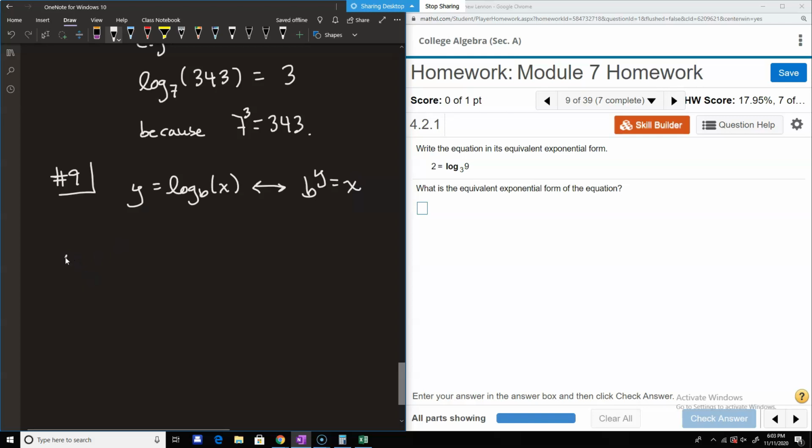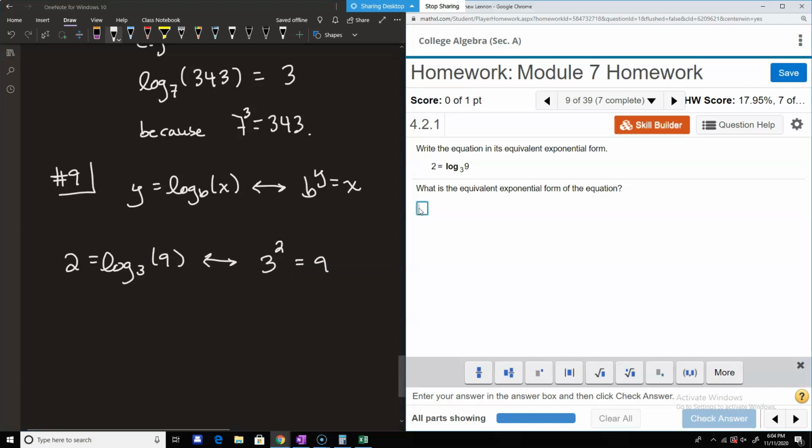So we have 2 equals log base 3 of 9. So if we want to rewrite that, well, 2 is equal to y, and b is equal to 3. So we have 3 squared, and x is the number inside the parentheses. 3 squared equals 9. That's what they want us to write down for this problem. So 3 to the second power is equal to 9.